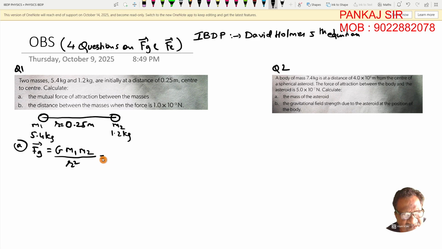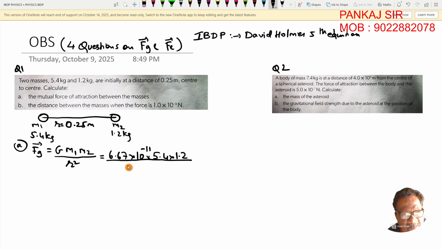Now let us substitute the values. G is 6.67 times 10 raised to minus 11, times one of the masses, 5.4, and the other, 1.2. Remember, you have to take the masses in kg, divided by R squared.